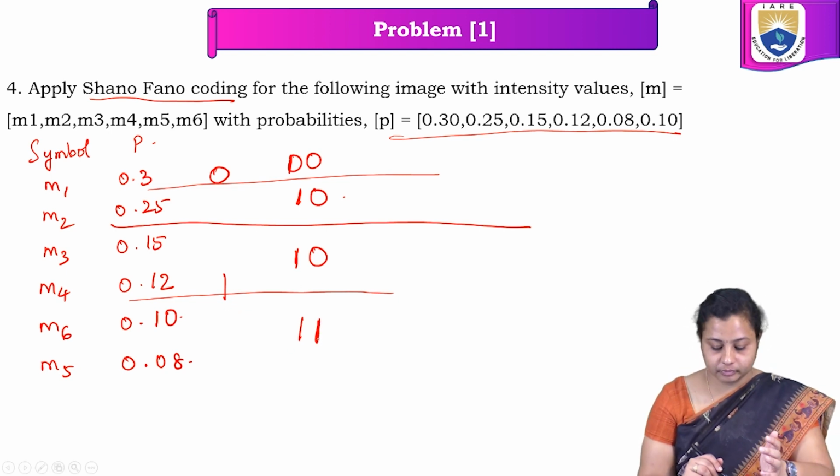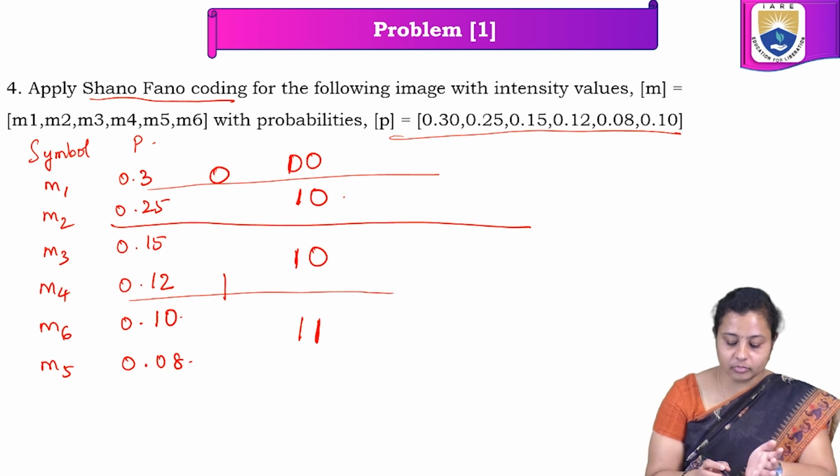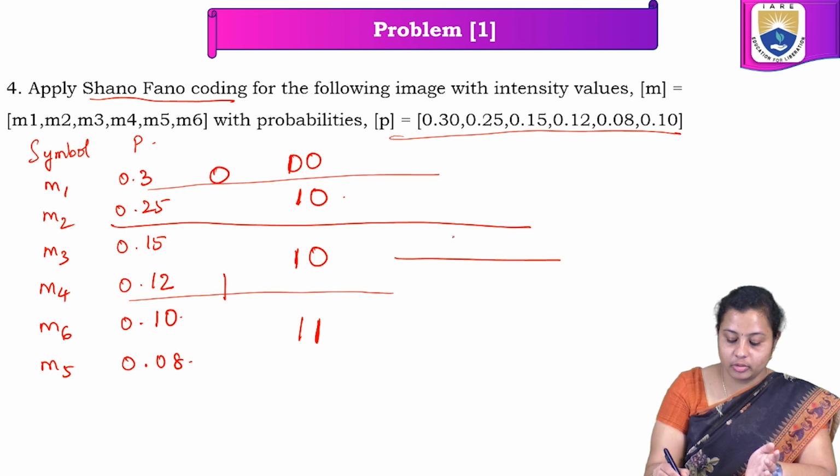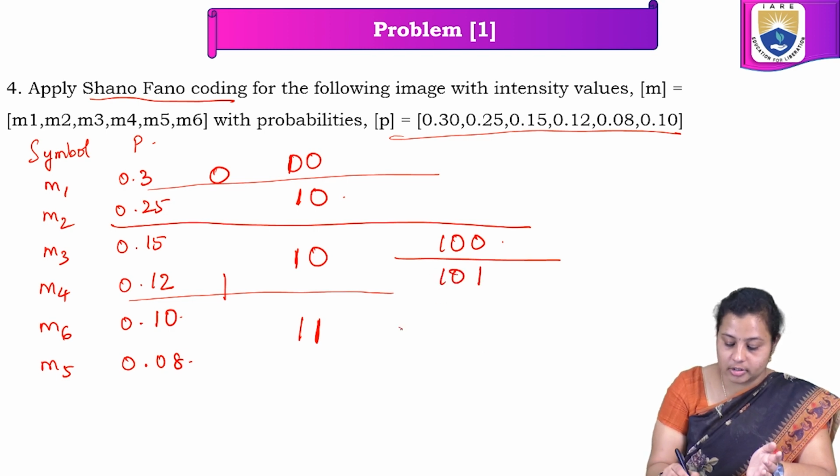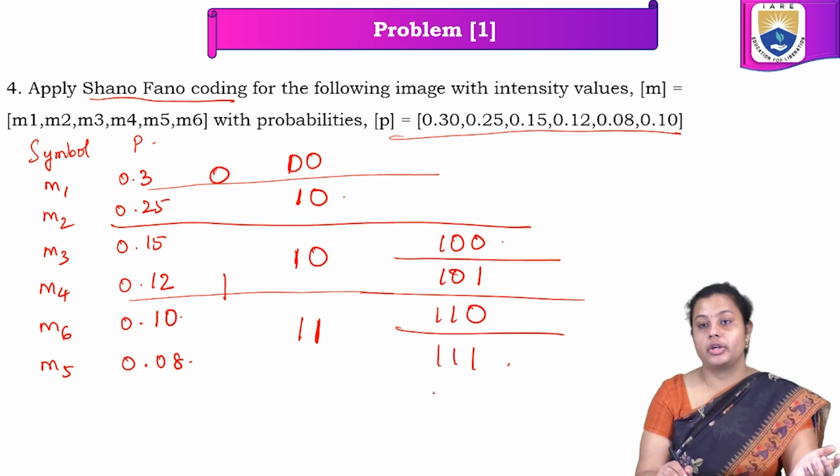Now this again I'll subdivide into 1, 0, 0, and this will become 1, 0, 1, and when I divide this further, I'll get 1, 1, 0, and this is 1, 1, 1.